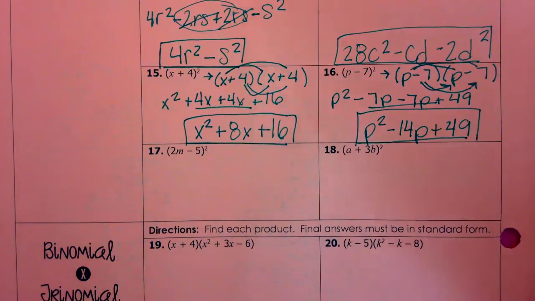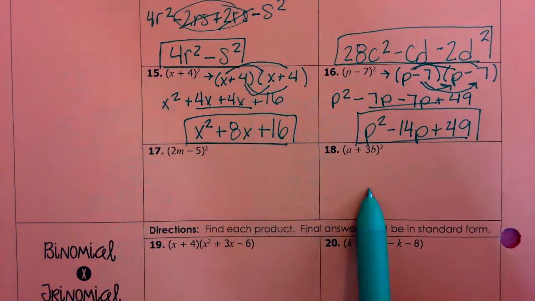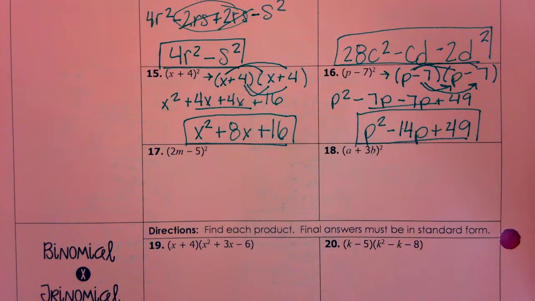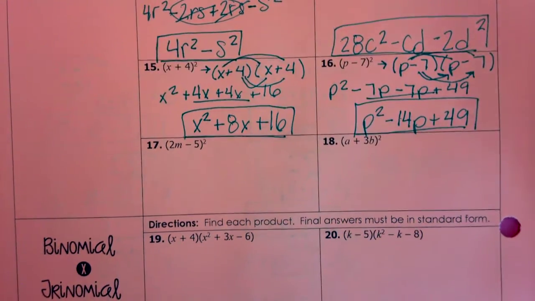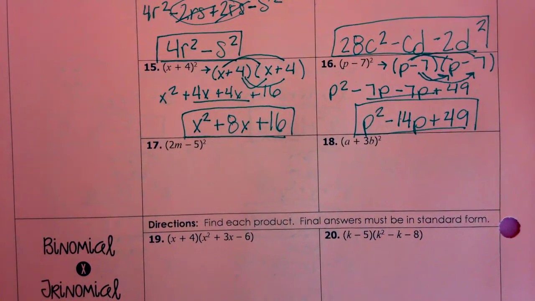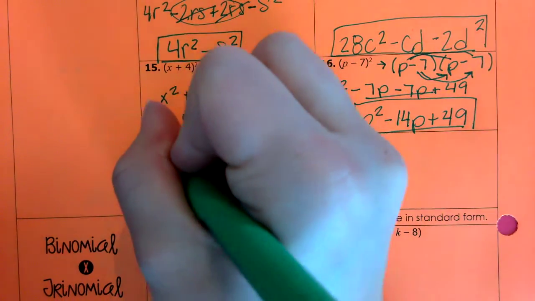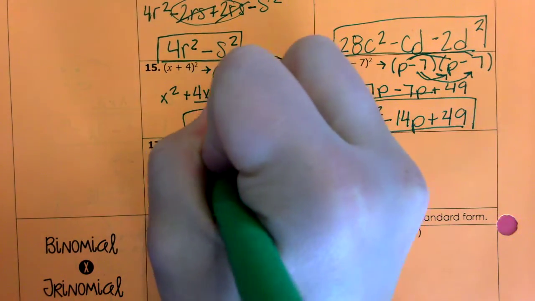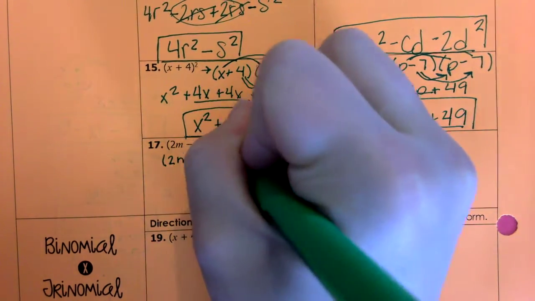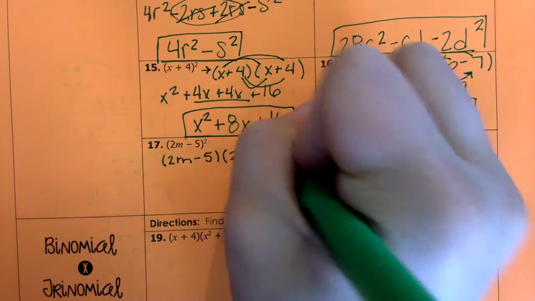Okay, I want you guys to pause the video, and I want you guys to try number 17 and 18. Okay, now that you've come back and you worked on these ones, you're going to rewrite that as 2m minus 5 times 2m minus 5.